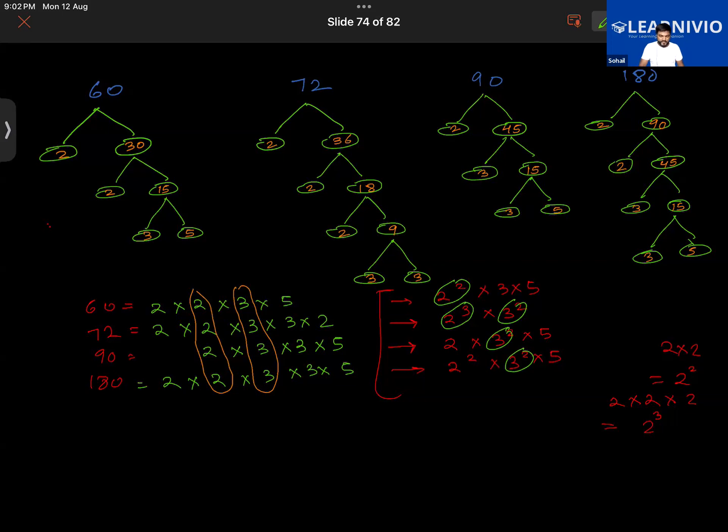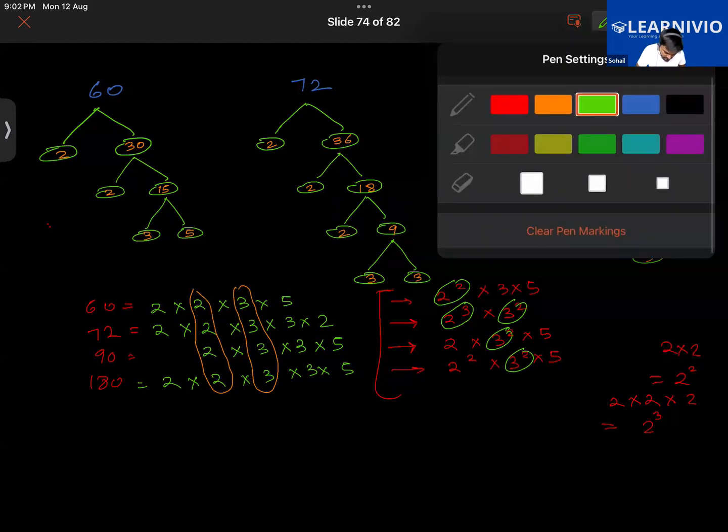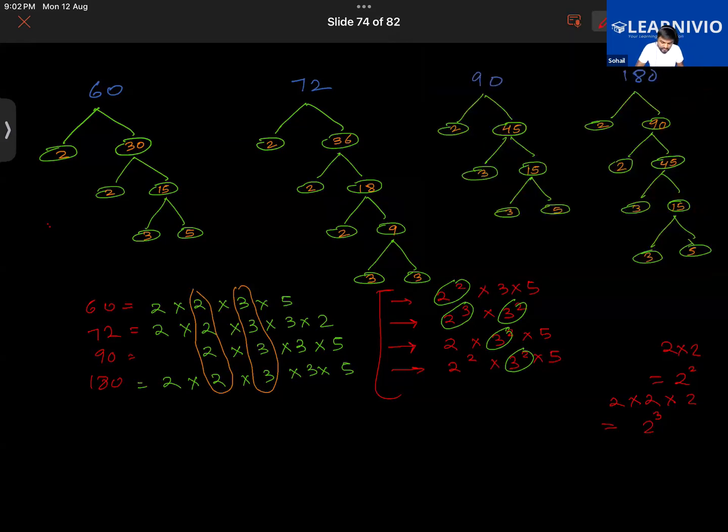Right now I'm telling you, you have to identify the prime factors with the highest powers. That is over here. Getting it now? And then we have to multiply all of them together. Now what numbers am I going to take again? Let me do a little bit of erasing on this part.